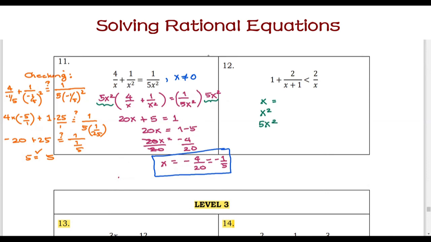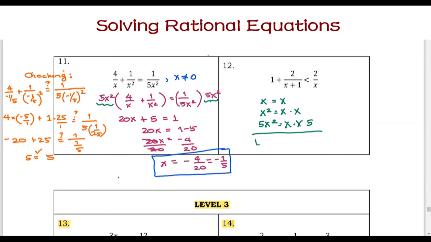Ang factors ng x ay x times 1. So, hindi ko na isusulat yung 1. What about x squared? E di x times x, right? What about 5x squared? 5, okay? Gagawa ako ng panibagong column kasi wala namang 5 dito, okay? Times x times x. So, ina-align ko lang kapag may kapareho, okay?